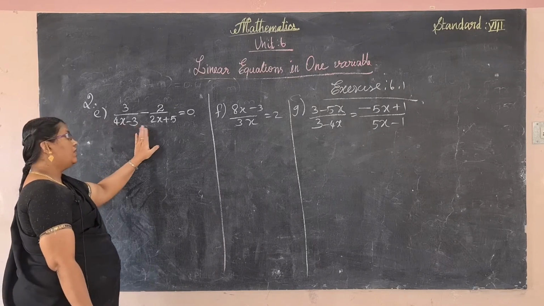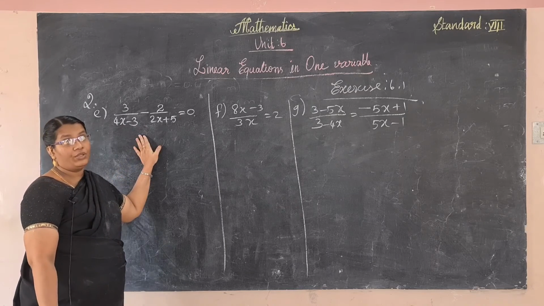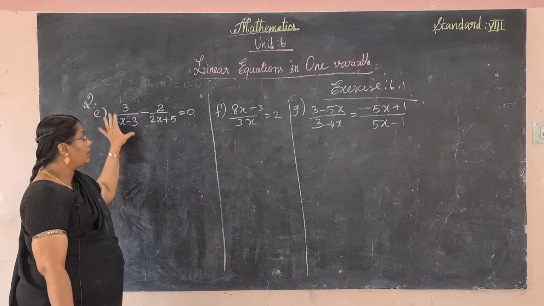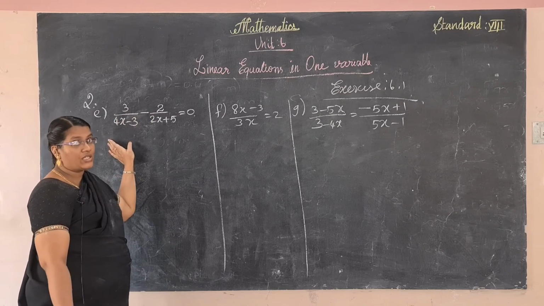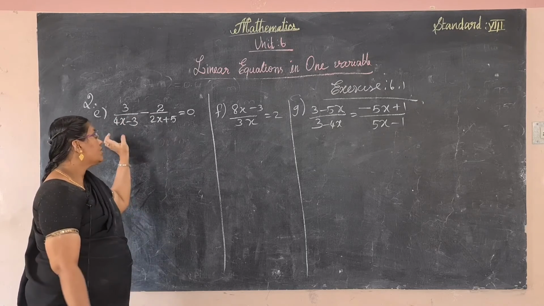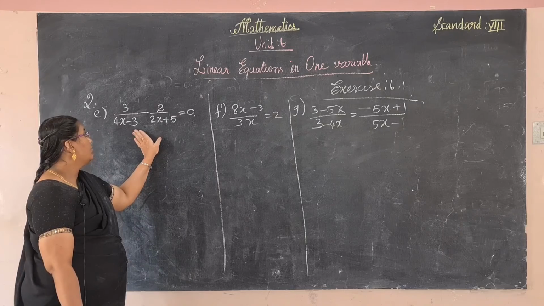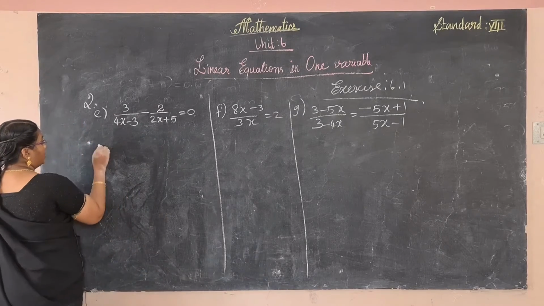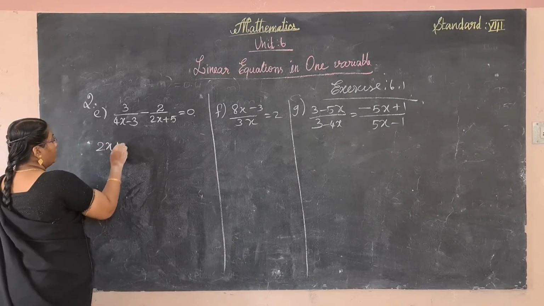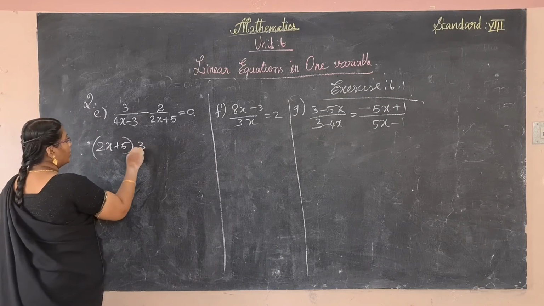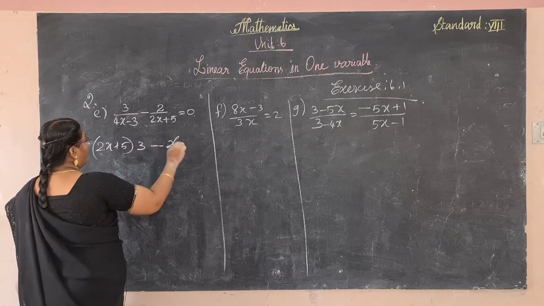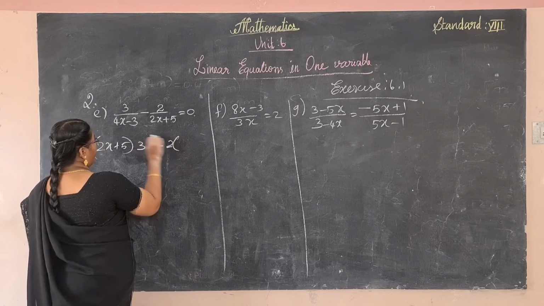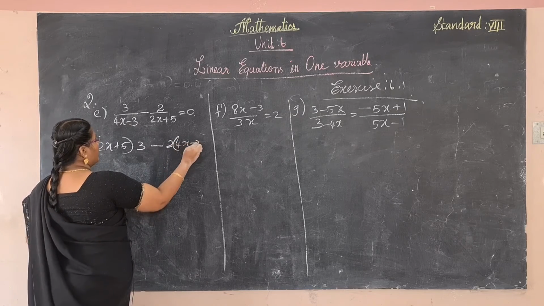The denominator values are different, so first we have to find the LCM. Here two fractions are given, and the difference of the two fractions is equal to 0. So what is the LCM of that? (2x plus 5) into 3 minus 2 into (4x minus 3).